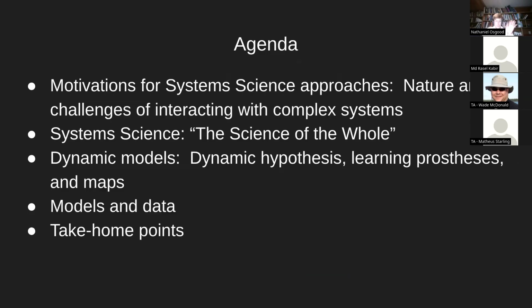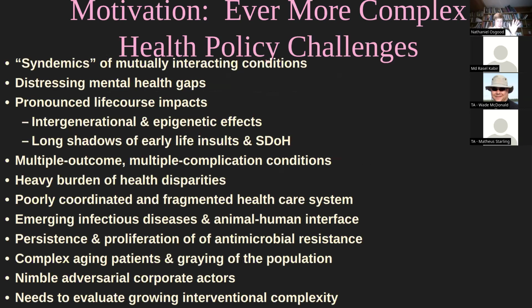But I'd like to talk about this broader enterprise of system science more generally, talk about dynamic models, again more generally, recognizing that ABMs are, in my mind, close cousins in spirit, and essentially related to other dynamic simulation modeling traditions. And then I want to talk a little bit about this issue of models and data, which I only gestured at briefly in my comments.